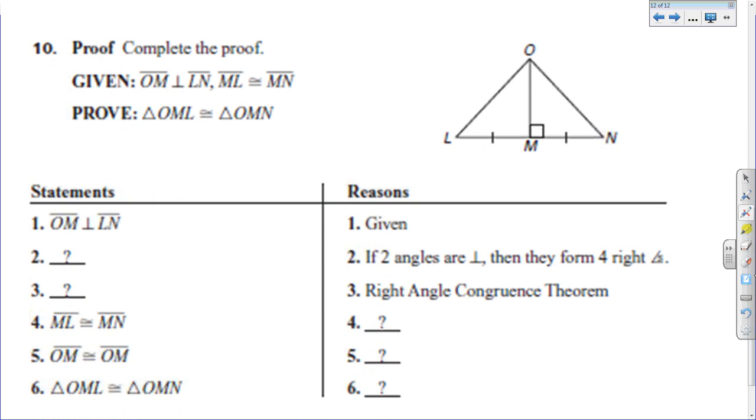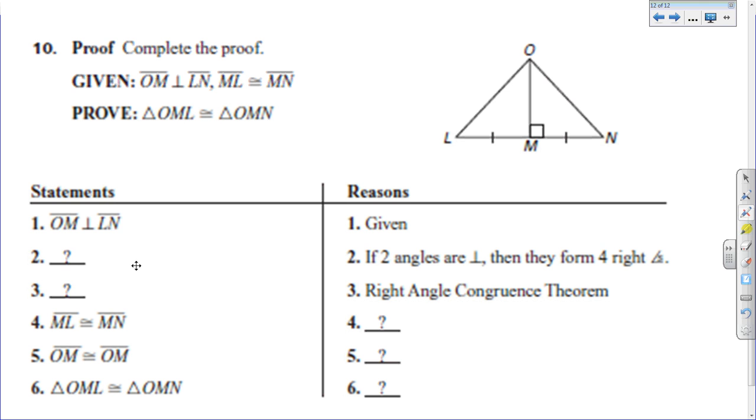Complete the proof. OM is perpendicular to LN. And ML is congruent to MN. So if two lines are perpendicular, they form 4 right angles.